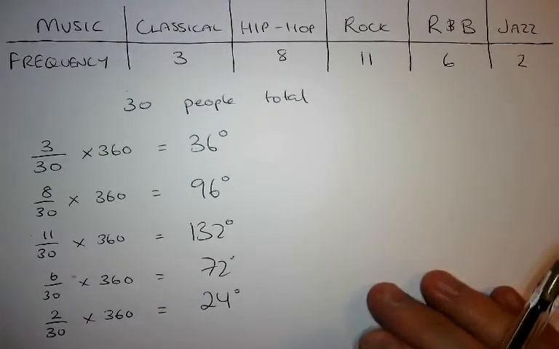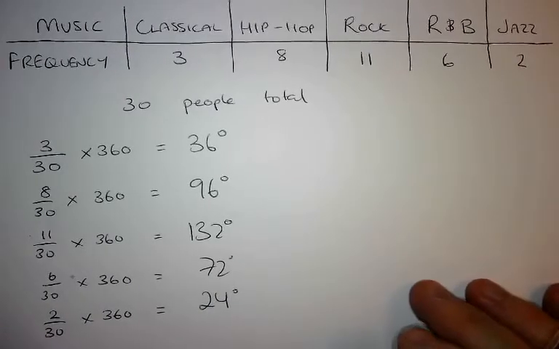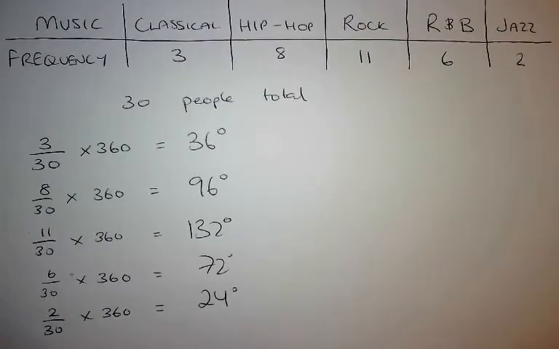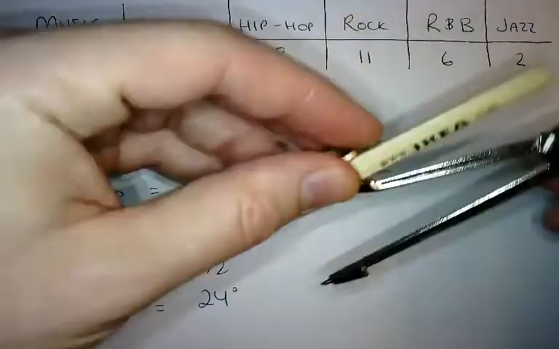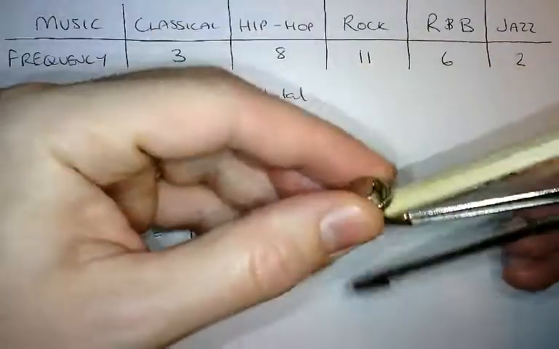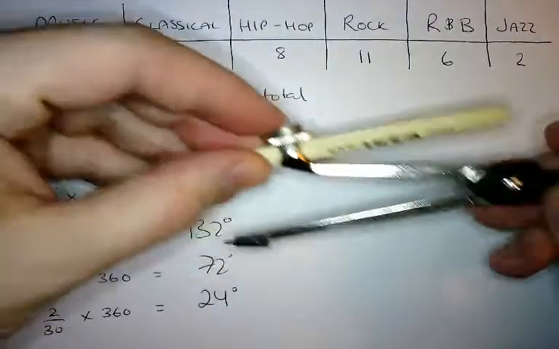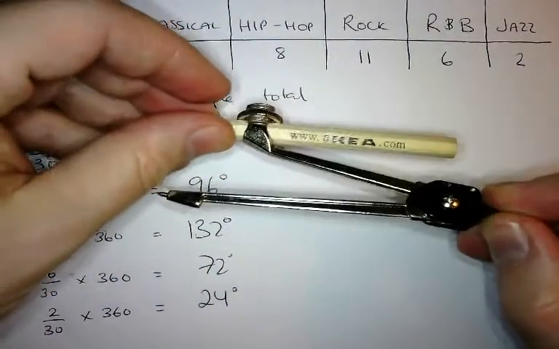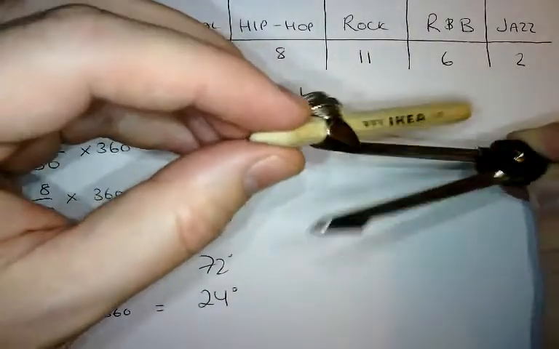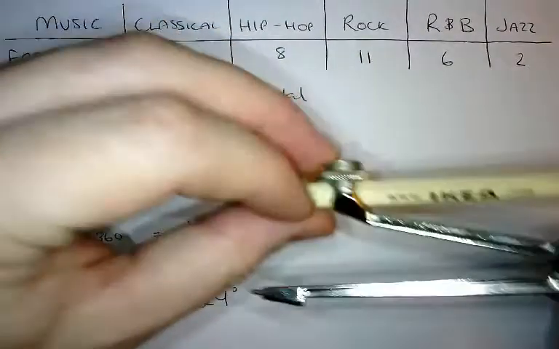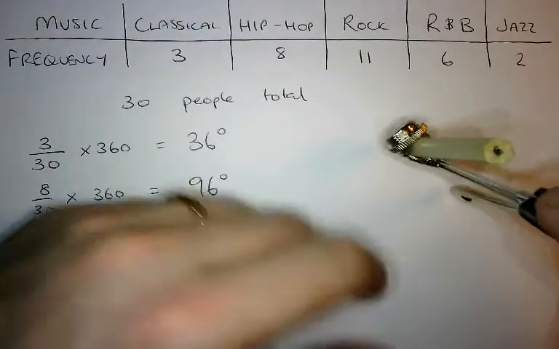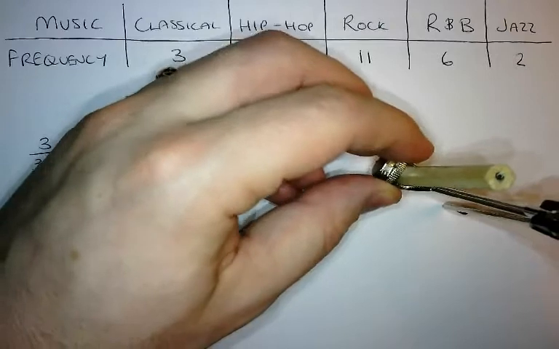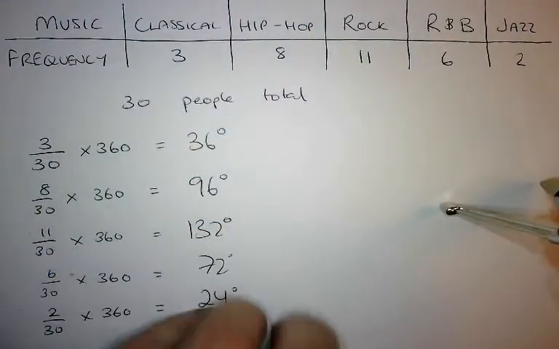Okay, cool. So now we're going to draw a pie chart. If you're in an exam, they often draw the circle for you, but you're going to have to do it yourself here. Firstly, make sure your pencil, that you have borrowed from, thank you, IKEA, is securely in the compass and that it is sharpened. Pick what size you want the circle to be, so extend it out. I'm just trying to see here so I don't go off camera.